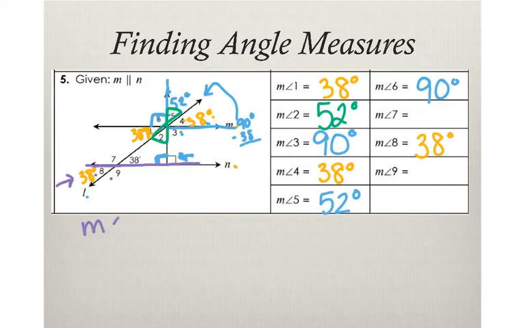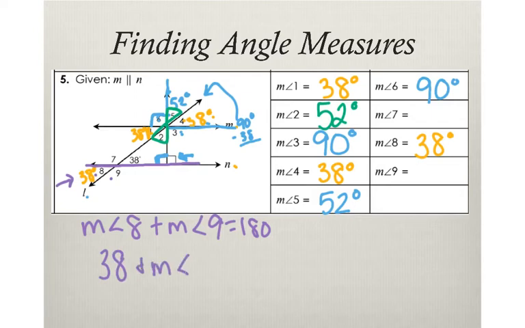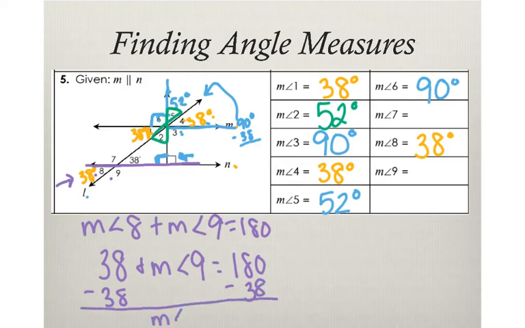So the measure of angle 8 plus the measure of angle 9 is going to have to be 180 degrees. Well, the measure of angle 8 is 38. The measure of angle 9, I don't know. So solving this is a simple one-step equation. So I get the measure of angle 9 to be equal to 142 degrees. So that's going to be 142 degrees.